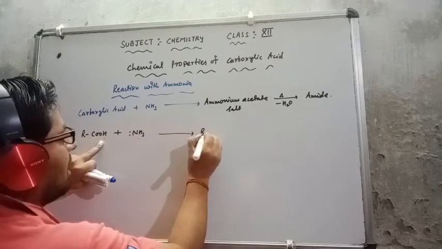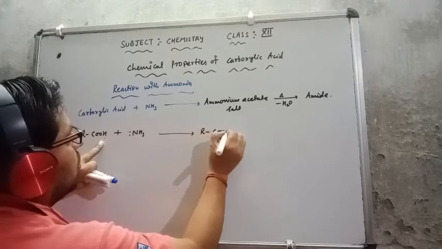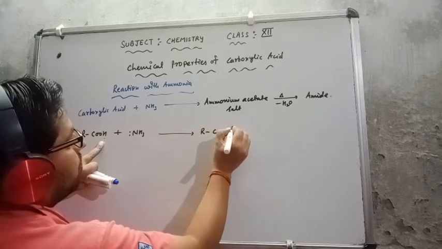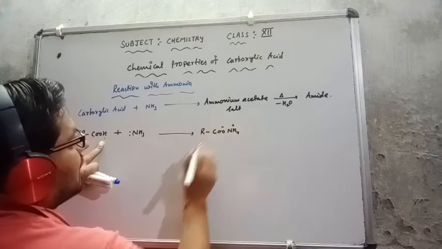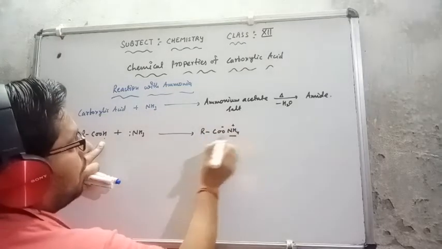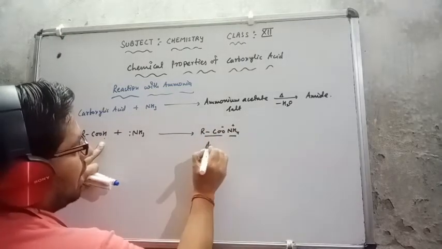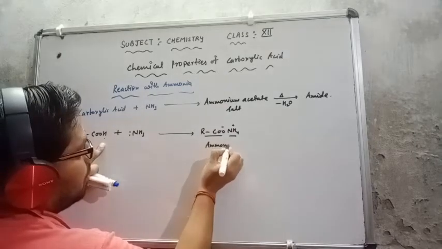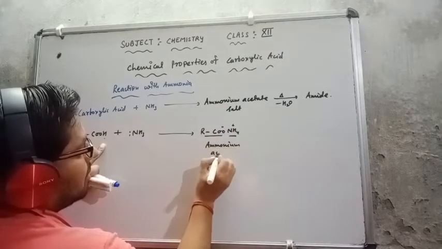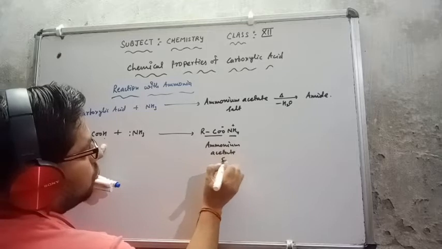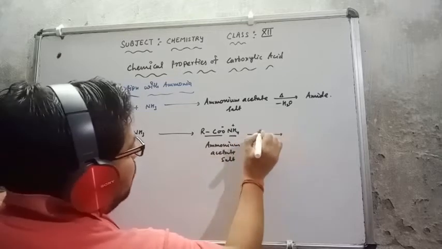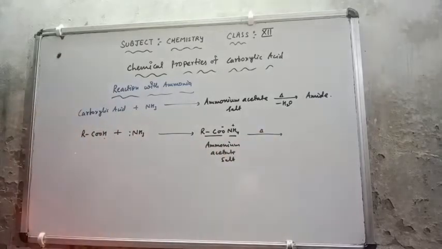So this will be RCOONH4. This is a positive charge, this is a negative charge. So this is ammonium and this is acetate. So this is ammonium acetate salt.